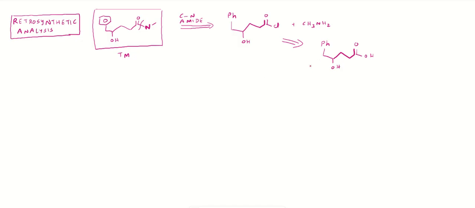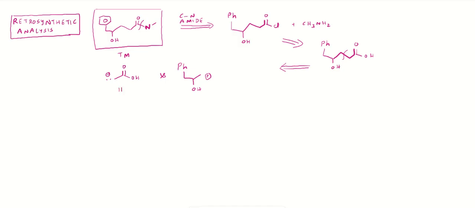Now how to disconnect this molecule? This retrosynthetic analysis is a little bit interesting. We'll disconnect here. Once we disconnect at that particular place, we'll have PhCH2CHOH CH2 plus, and then we have CH2 minus C=OH.